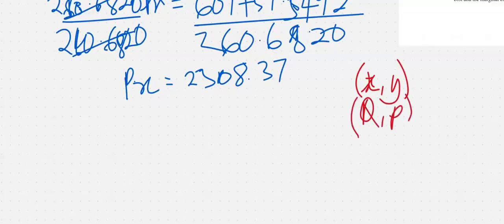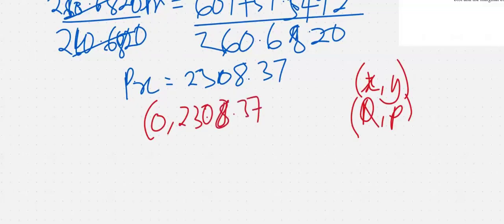So with PX equals 2308.37 and QDX which we equated to 0, we are going to have the coordinate as 0 and then the PX which is 2308.37. So that's the first coordinate, should the question say it's 2 marks. Then we move on to our second coordinate.